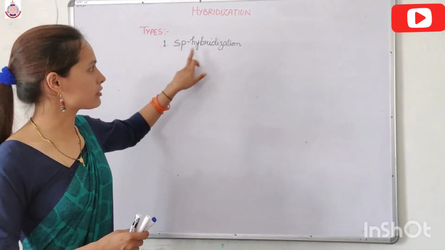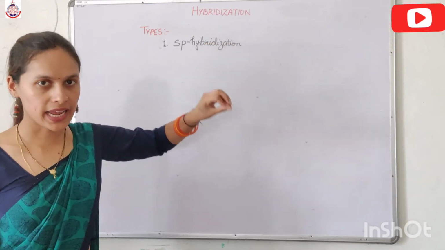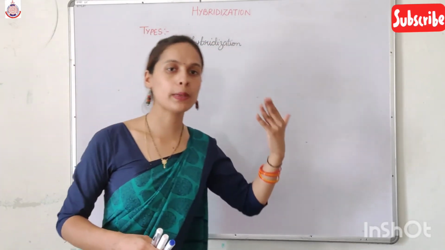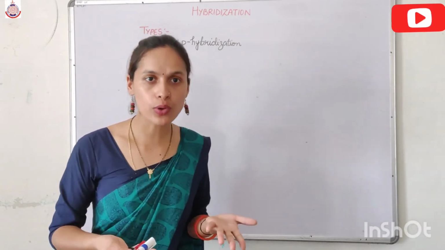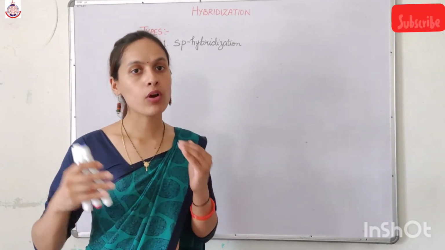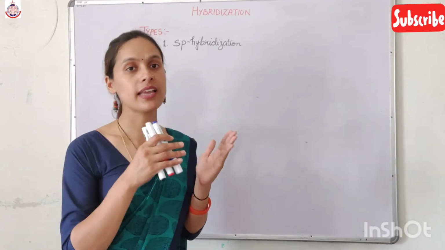It means in sp hybridization, one s combines with one p having comparable energies, and they form two new hybrid orbitals. The name of those two new hybrid orbitals is sp.